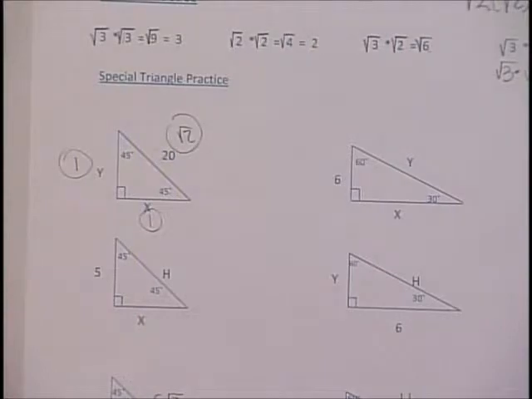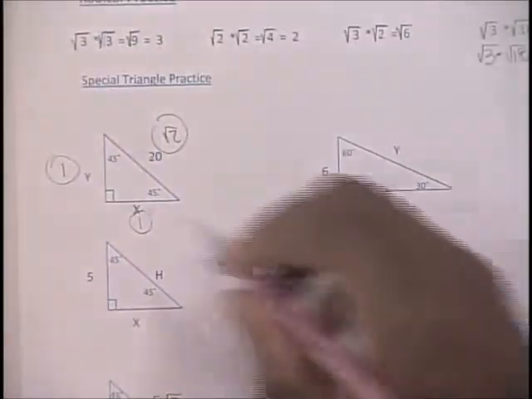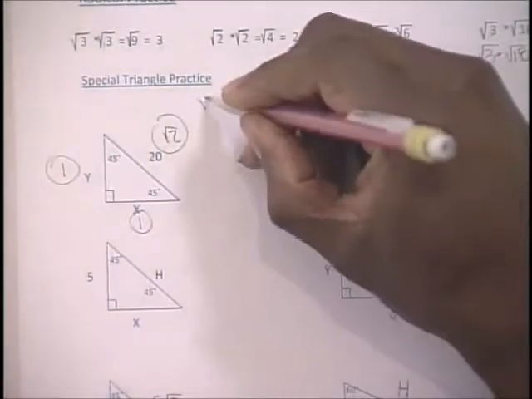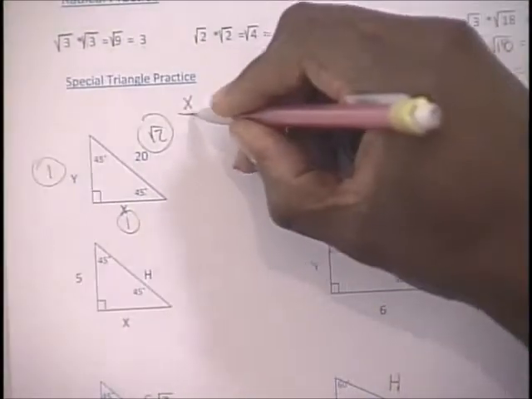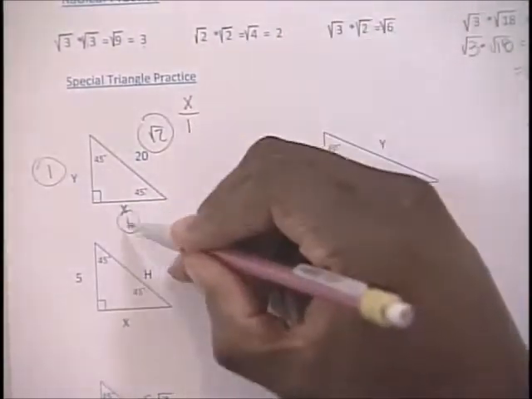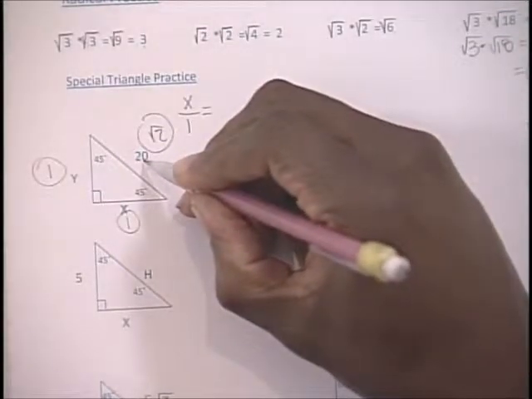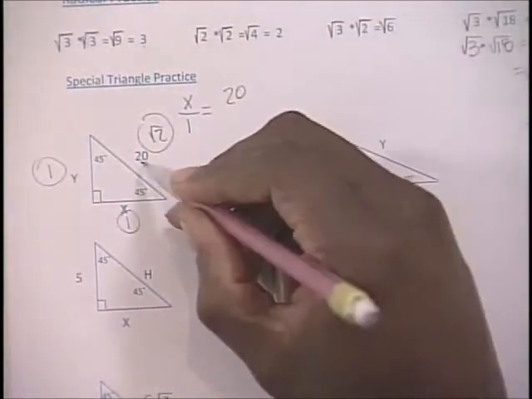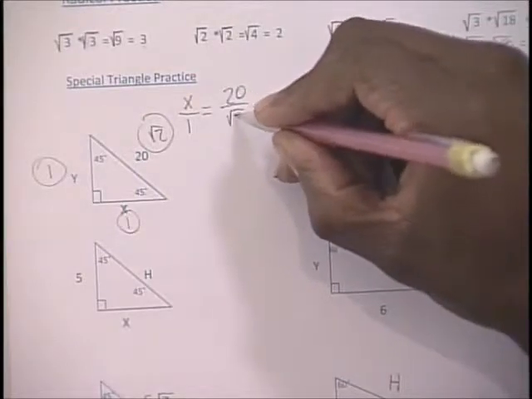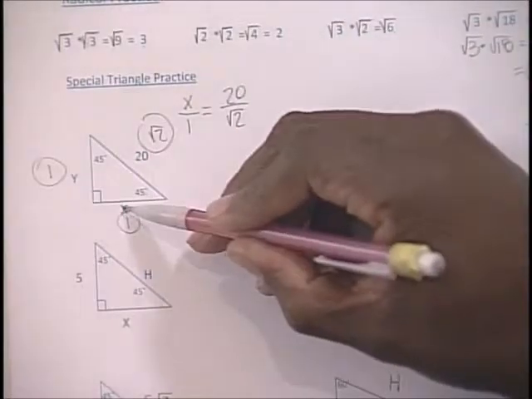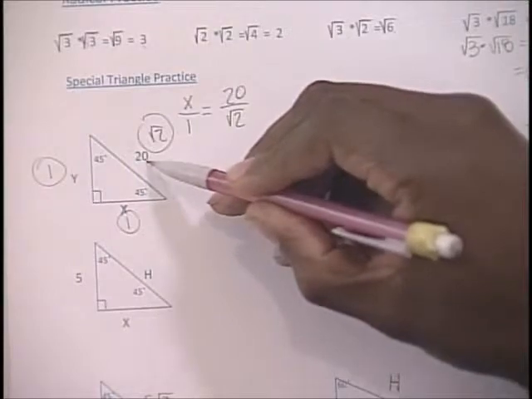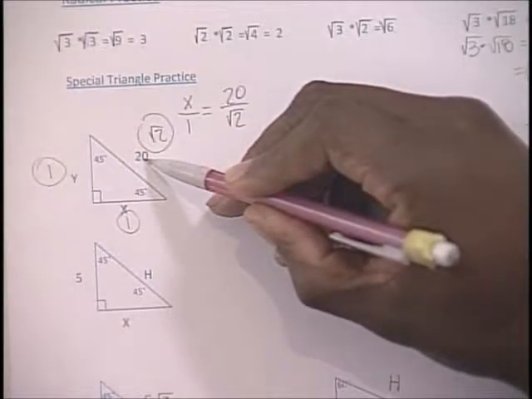Now, all you're going to do is solve for x, you're just going to set up a proportion. x over 1 is equal to 20 over radical 2. That's all I'm doing is setting up a proportion. x is to 1 as 20 is to radical 2.